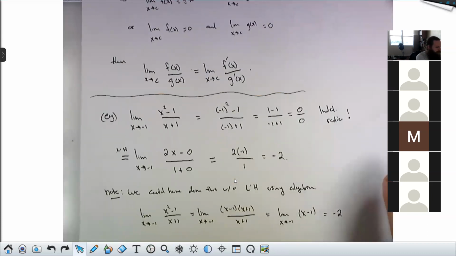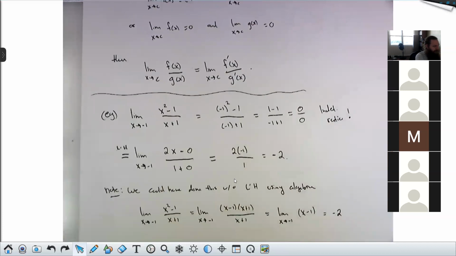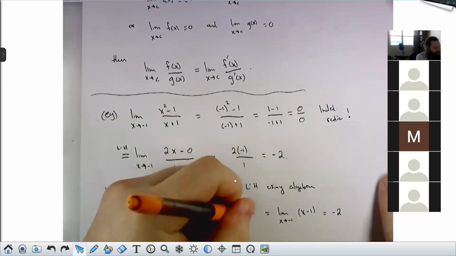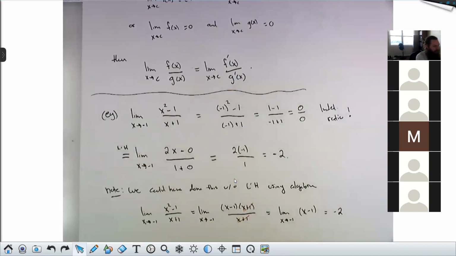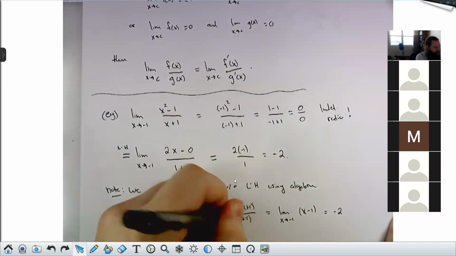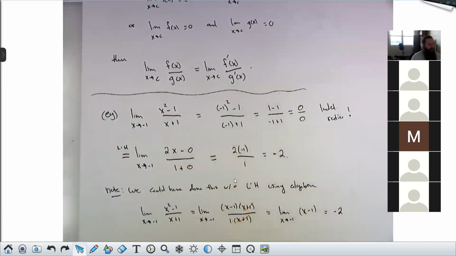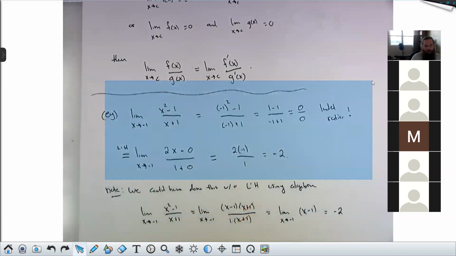You can cancel these x plus 1s downstairs and upstairs here. That bottom is like x plus 1 times 1. But there are many limits where we cannot do this sort of thing. And this is the only way to get it done.